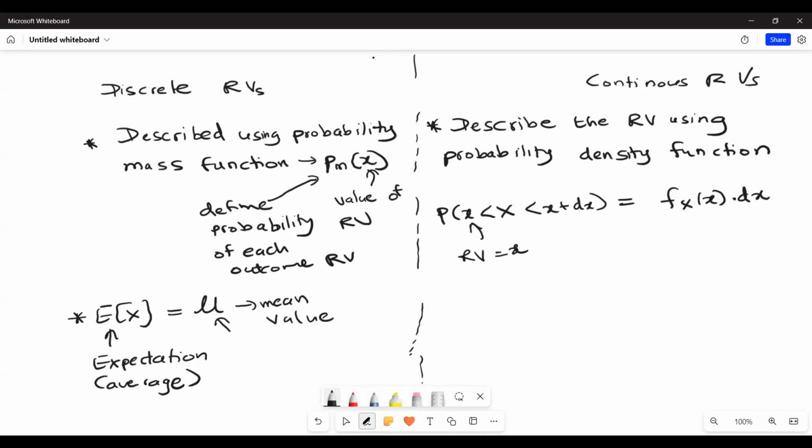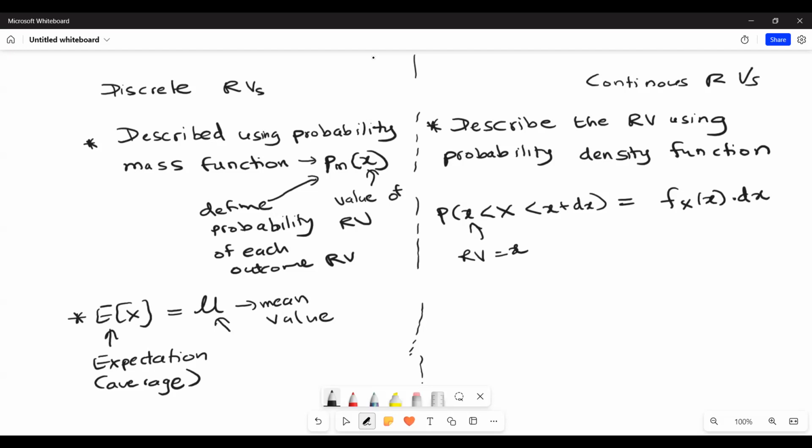It's given by mu, and that value we need to consider, and we need to take the average of all the values of the probabilities under the random variables. Apart from that, another parameter that we need to know is the variance.